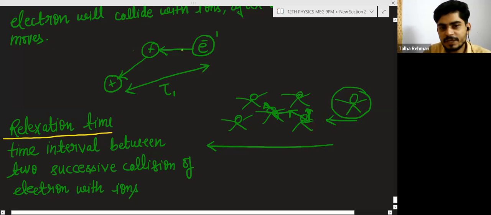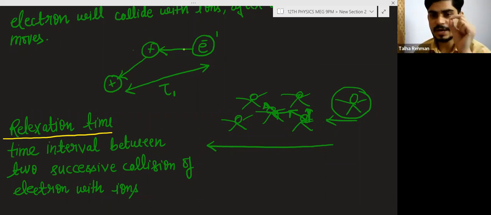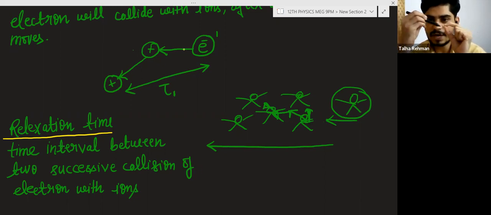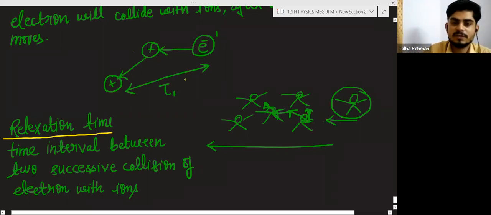In between the collisions there will be some relaxation time, meaning the time for which the electron moves from this position to this position. For two collisions, the electron moving from here to here is one collision, from here to here is another collision, and the time taken is known as the relaxation time.